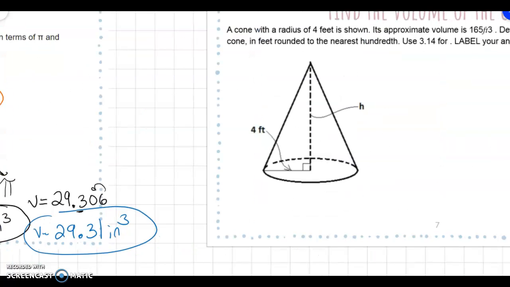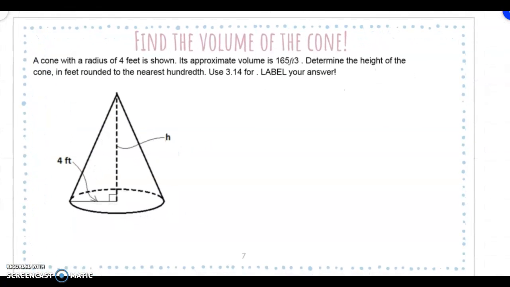Alright, our last one here. A cone with a radius of 4 inches is shown, and we're going to approximately figure out what the height is. So now we have 1/3 pi r squared. Now we actually know what our volume is, which is 165.